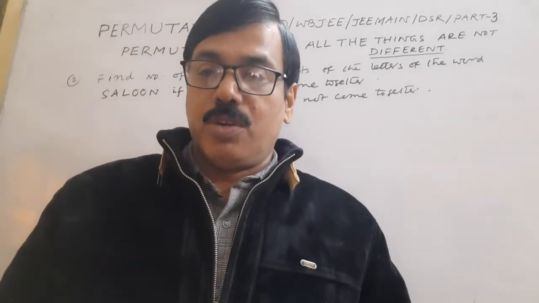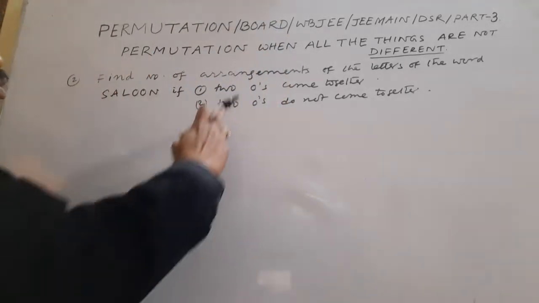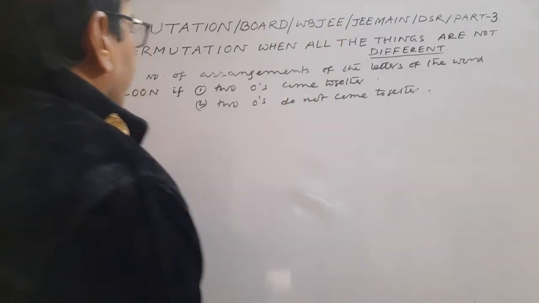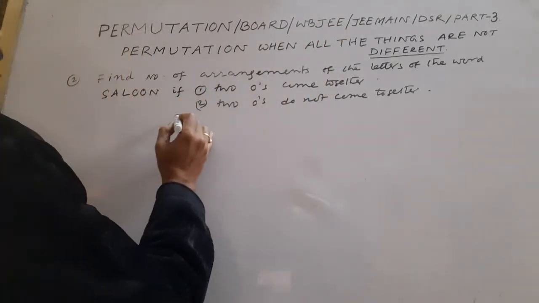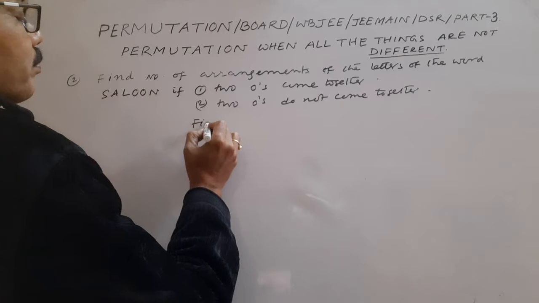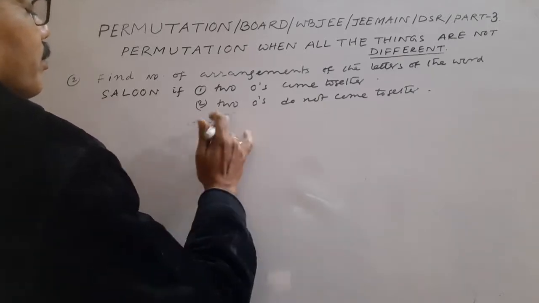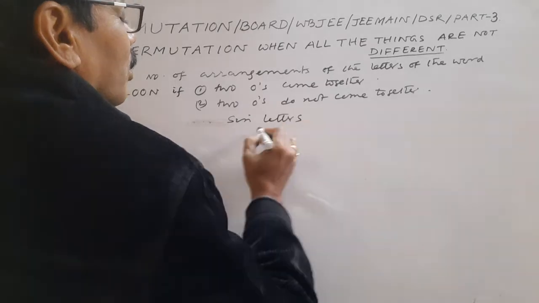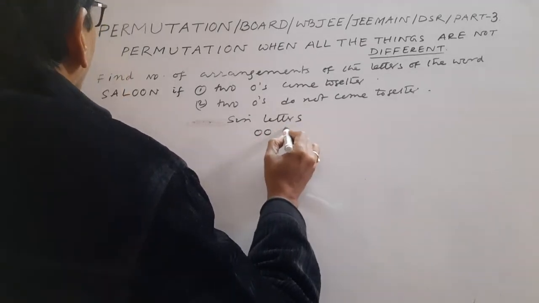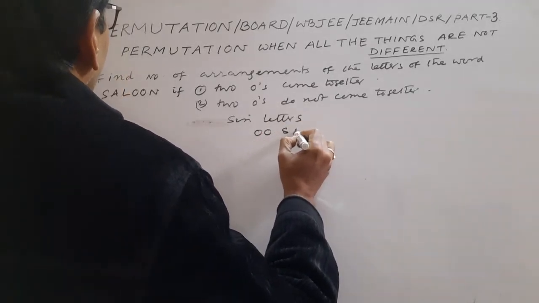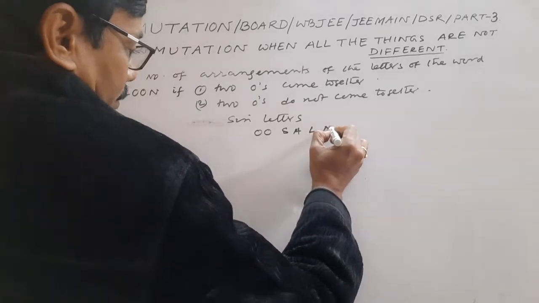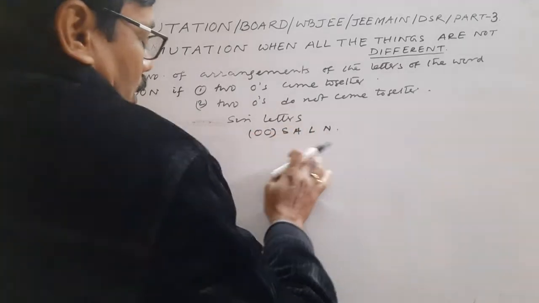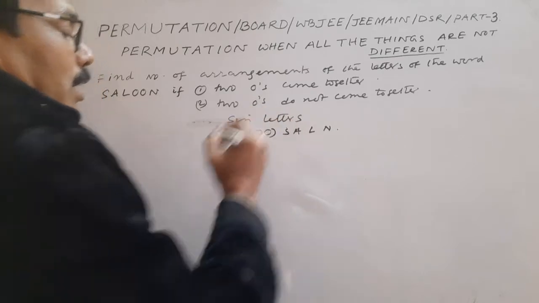So we consider two O's as a single one. Total 6 letters: 2 O's and S, A, L, N. So these are the letters.